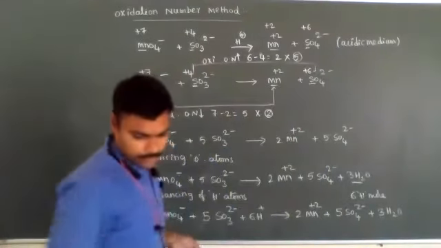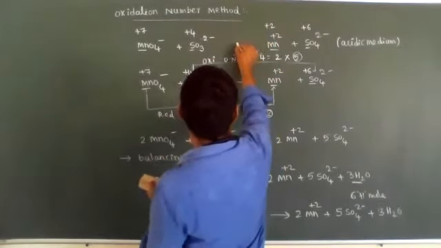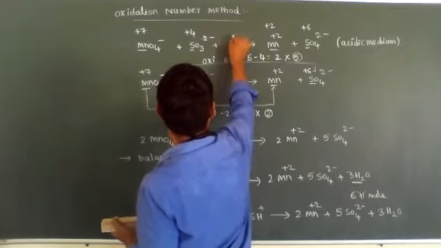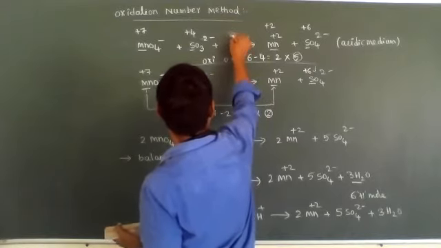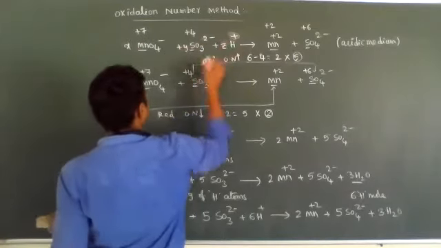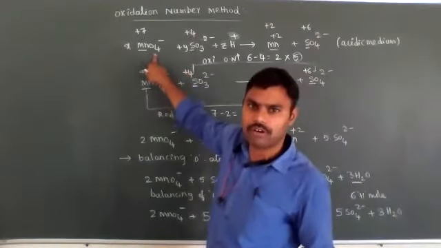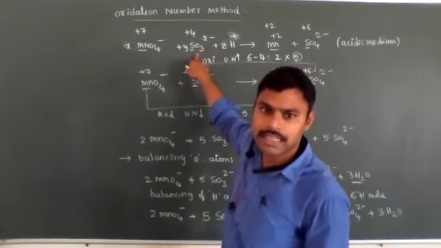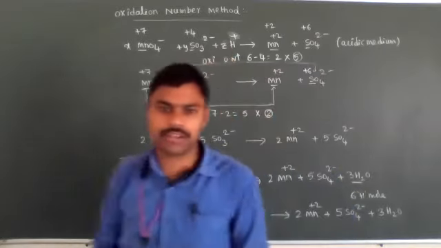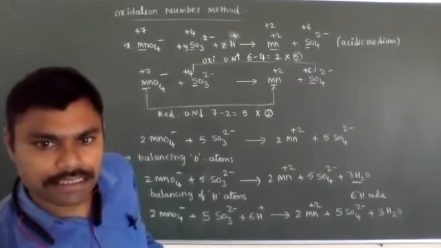For example, the same question like this: X they will give, and Y, Z. X, Y, Z mean how many moles of MnO4- are present, how many moles of sulfite ion are present, and how many moles of H+ ions we are using.